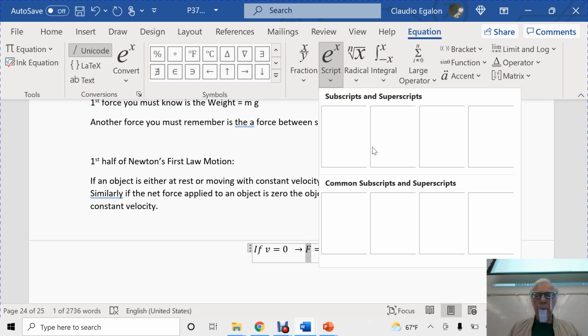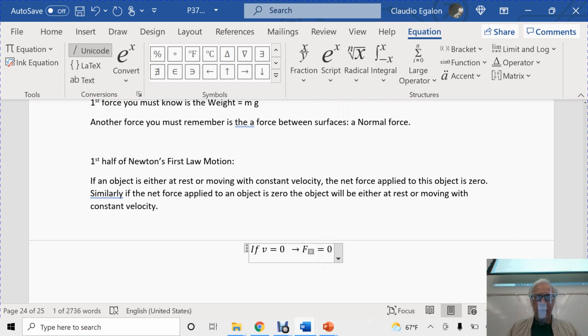And remember, there is a distinction between net force and one specific force, right? That's why here you go, net force is equal to 0. Those are vectors.